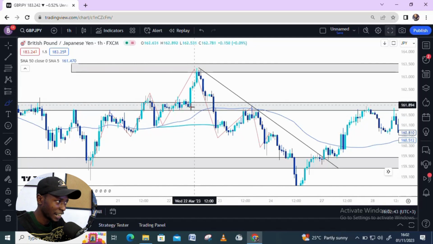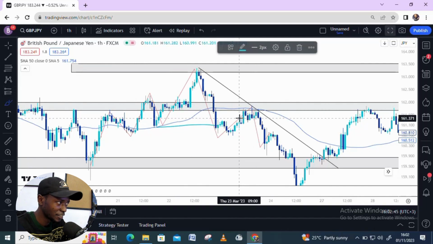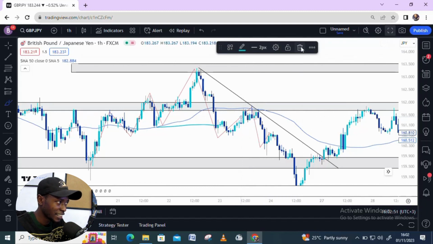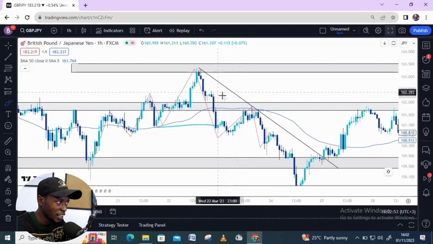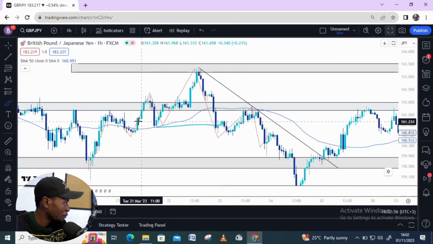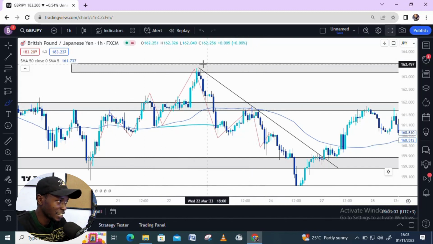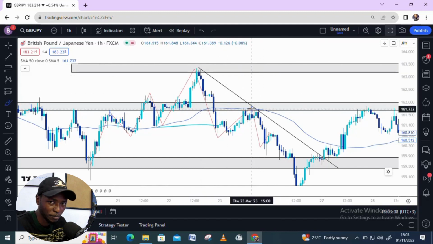So you identify it right here, and the trend comes. This zone has held the market 1, 2, 3, 4, 5 times. So this is a resistance zone. And this trend line has held the market 1, 2, this is the third time.